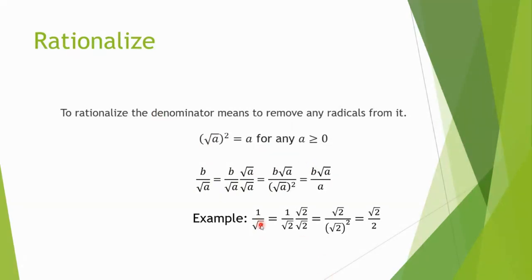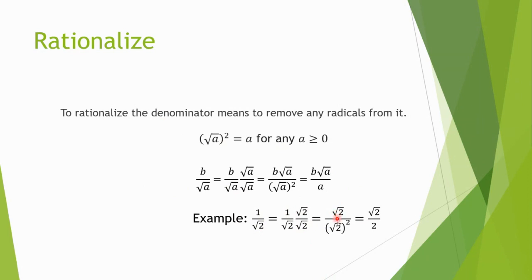If you have 1 over radical 2, and we want to rationalize this, we want to get that square root of 2 out of there. How do we do that? We're going to follow the process illustrated in this equation. We're going to multiply top and bottom by the square root of 2. On top, you get 1 times the square root of 2, which is just the square root of 2 itself.